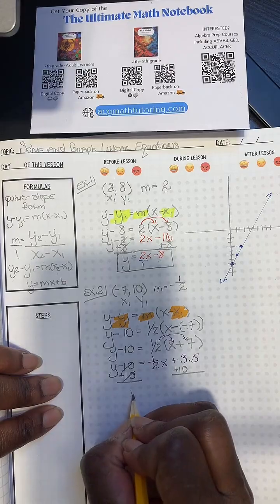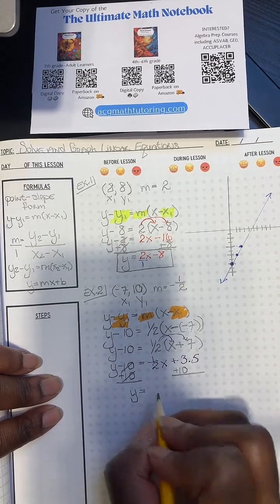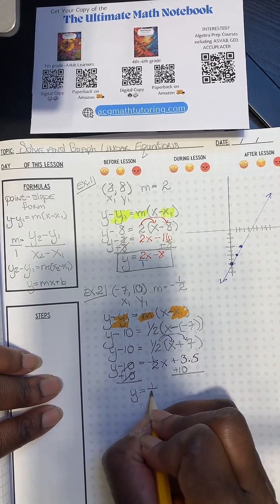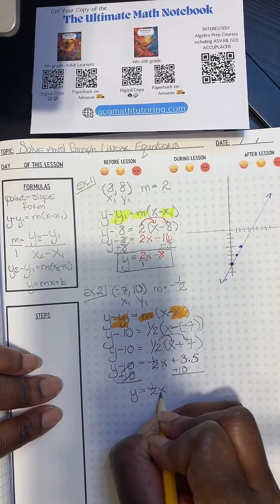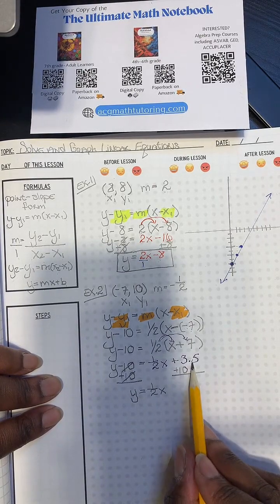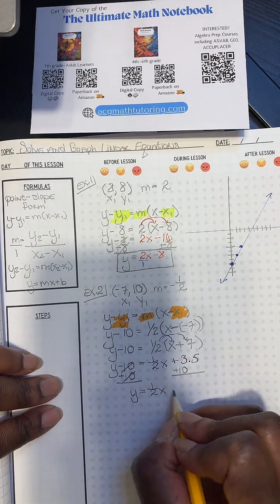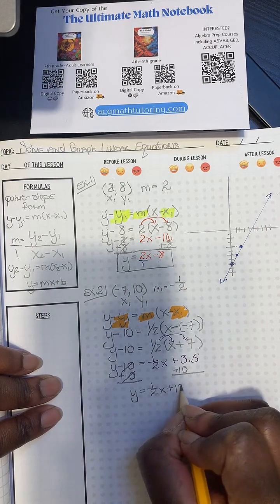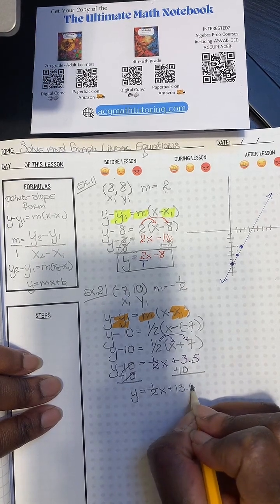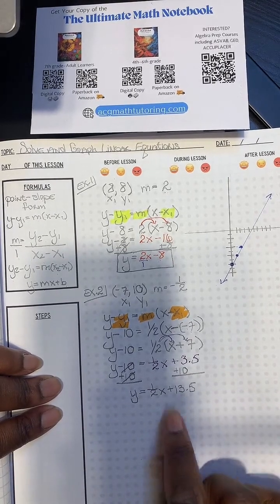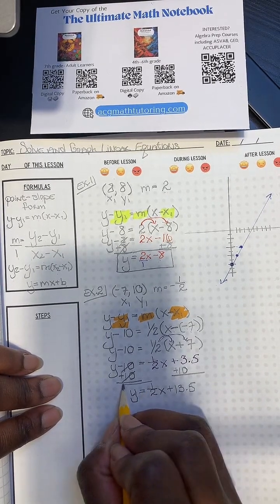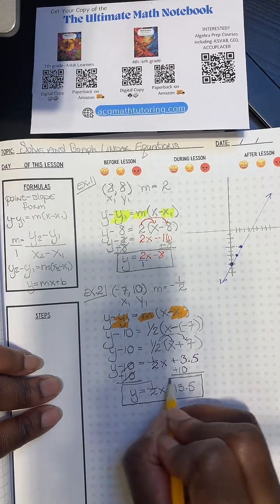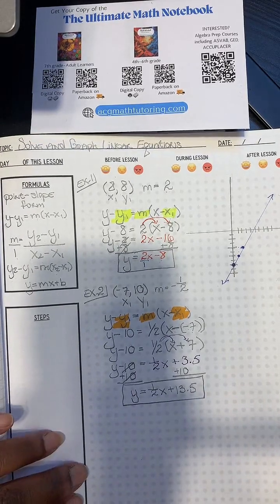That brings down my y. So now we have 1/2 x, and then we have 3.5 plus 10, so that gives me a positive 13.5.